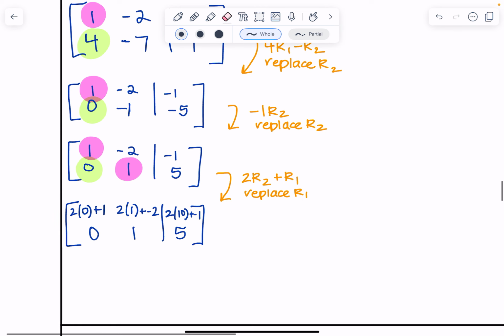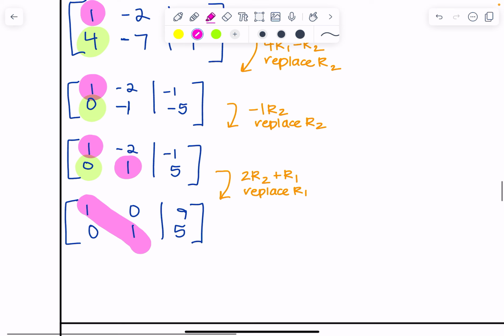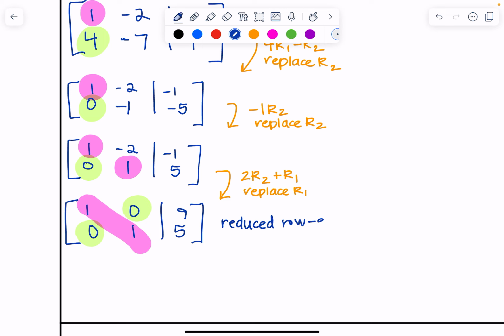All right, 2 times 0 plus 1 is 1. 2 times 1 plus -2 is 0, which is what we wanted. 2 times 5 plus -1 would be 9. And here, since we have 1s in the diagonal and zeros in the corner, this is called reduced row echelon form.